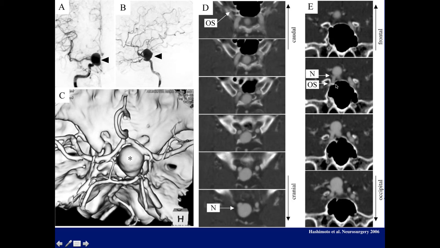So here on coronal CT, we can see the clinoid. Here's the optic strut, and this was the neck of the aneurysm. So they knew they could clip right over here because it was all within the subarachnoid space because it was above the optic strut.